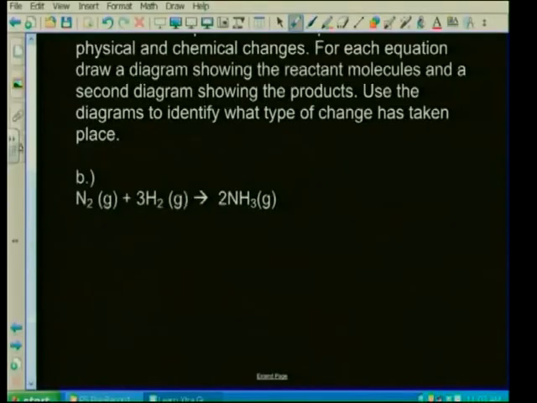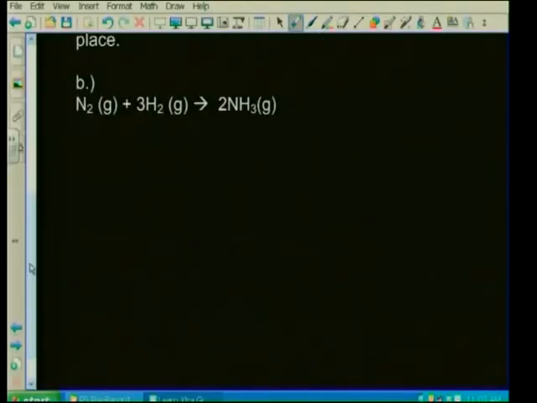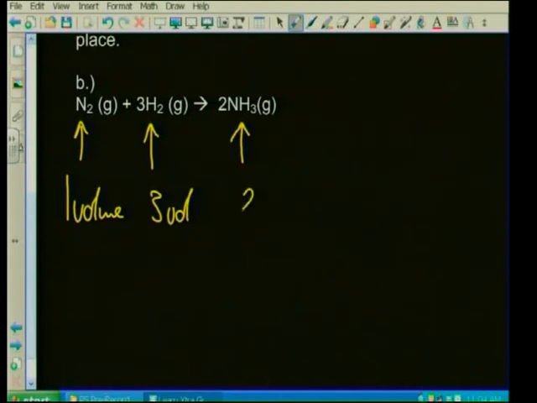And here we've got another set of gases. But notice what we've got here. We've got nitrogen as a gas, hydrogen as a gas, and ammonia as a gas. Now, recognize something here. From this reaction, we've got one volume, 3 volumes, and 2 volumes.